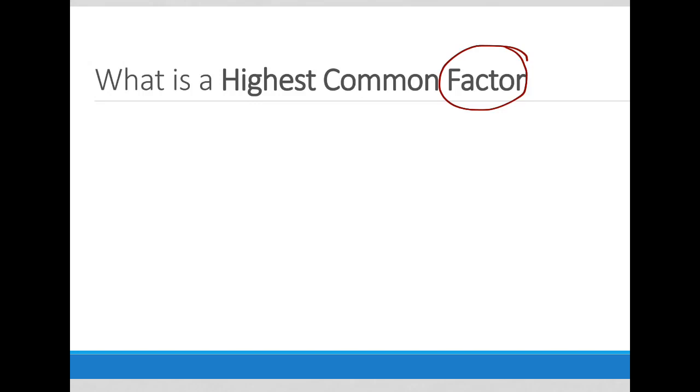What I'd like you to write in your books now is, what is the definition of a factor? You should already know this. If not, this is where you're going to go and have to look that up before you carry on with the lesson. So, going to need to press pause, go off, find what a factor is for me, and then come back.